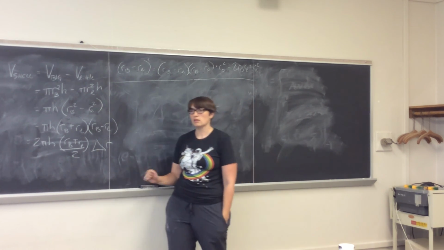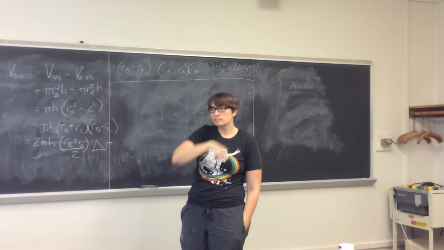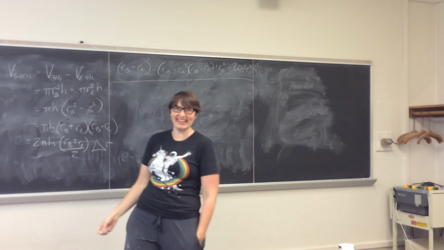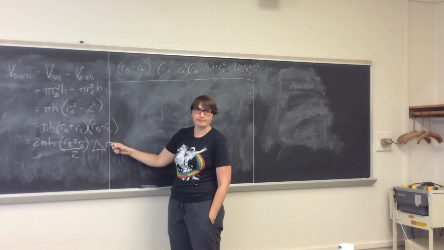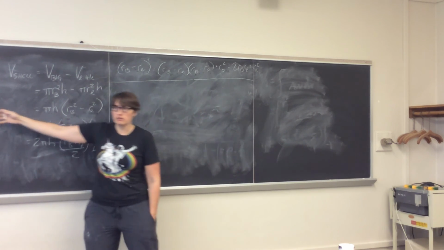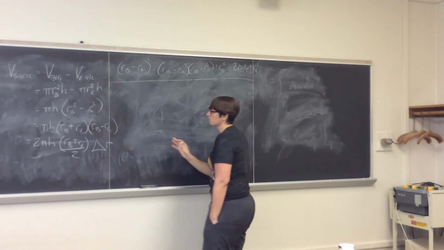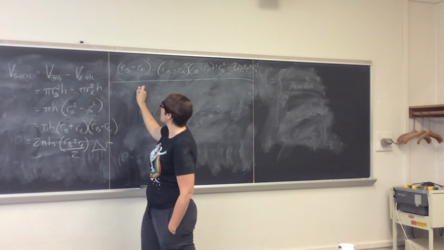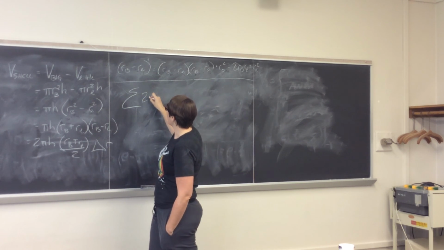Limit of what? Cylinders? Totally, right? Exactly. Okay, so I'm going to take all these guys and add them up. This is just a representative shell. I'm going to find all the shells in our whole object and add up all their volumes. So I'm going to take the sum of all these shells, 2 pi h.